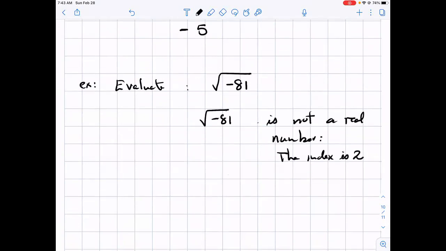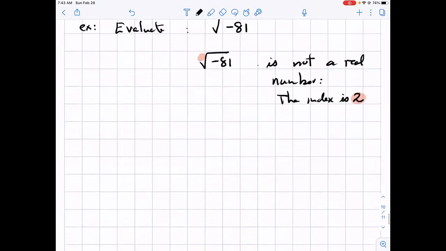The index is 2, meaning over here there's an invisible 2. So what we do, we rewrite it as the real part times the imaginary part.